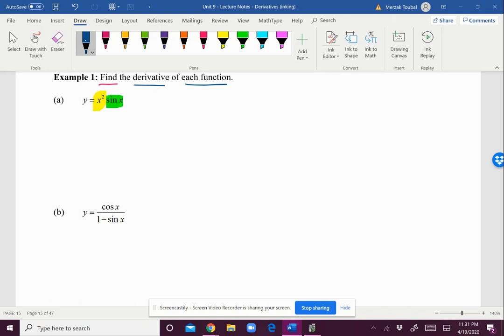So y prime equals the derivative of x squared times sine of x. Using the product rule, the derivative would be derivative of x squared times sine x plus derivative of sine x times x squared.